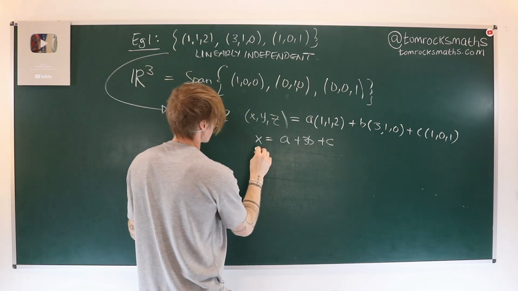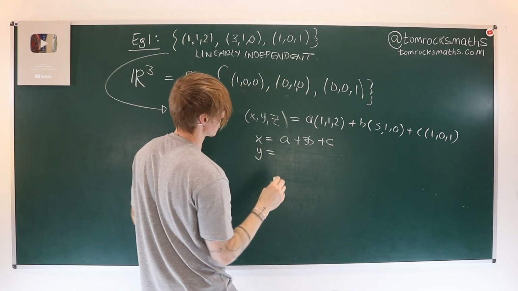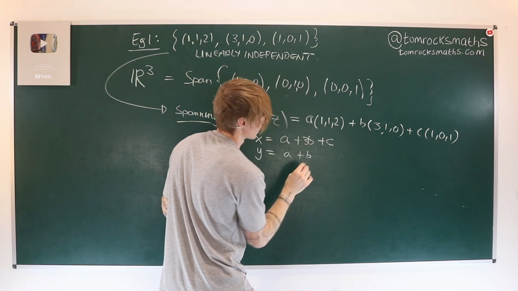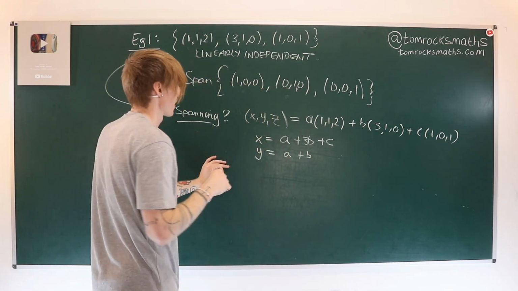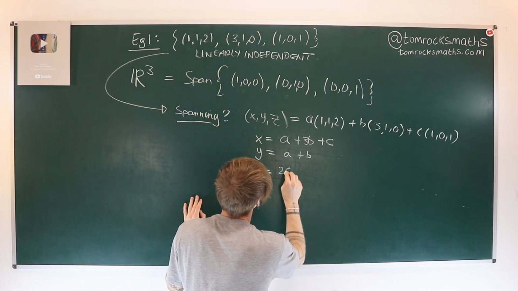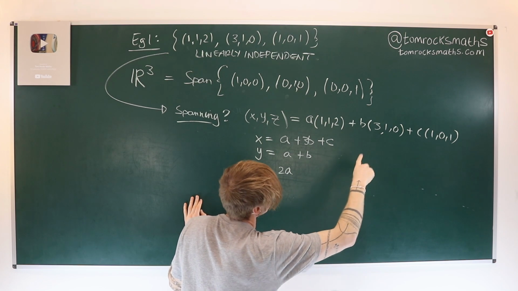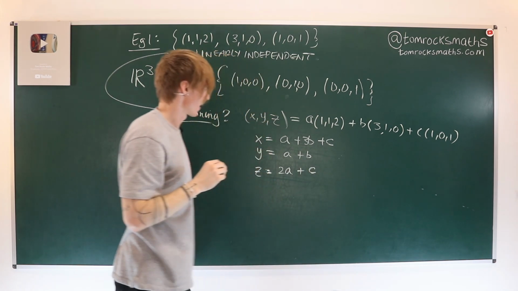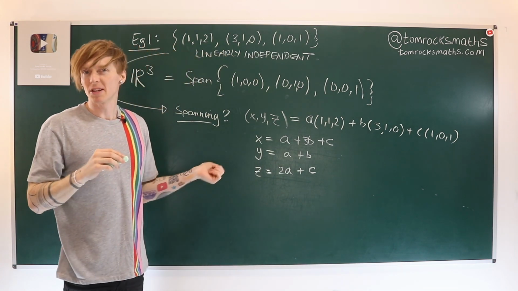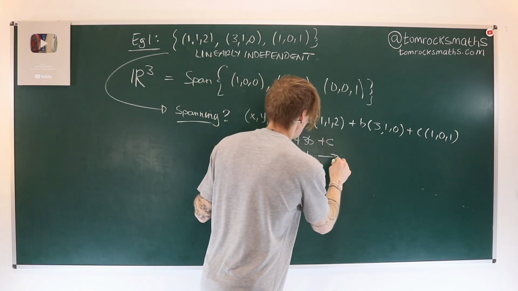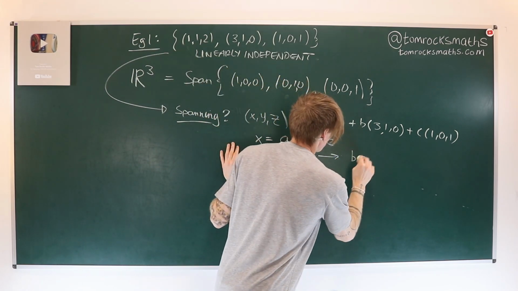The second coordinate tells us that y has to be equal to a plus b, and that's it. And then the third one tells us that z has to be equal to 2a plus 0 lots of b plus c.